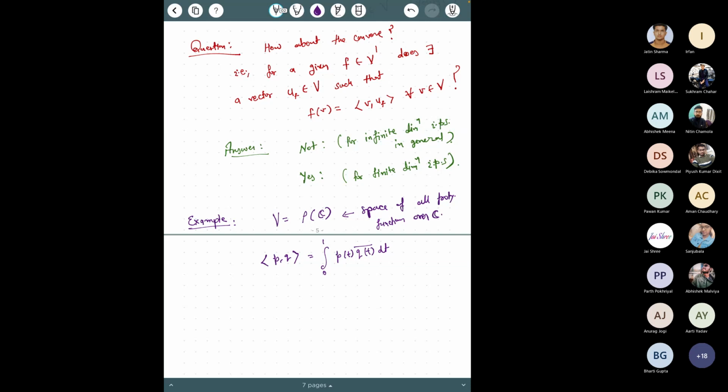What we have to do here is show that there exists... So in order to say that this is false in an infinite dimensional inner product space, what do I need to say? Can you tell me what is sufficient to prove that this question is not true, or need not be true in an infinite dimensional inner product space? So what would be enough to show here? Can you tell me?